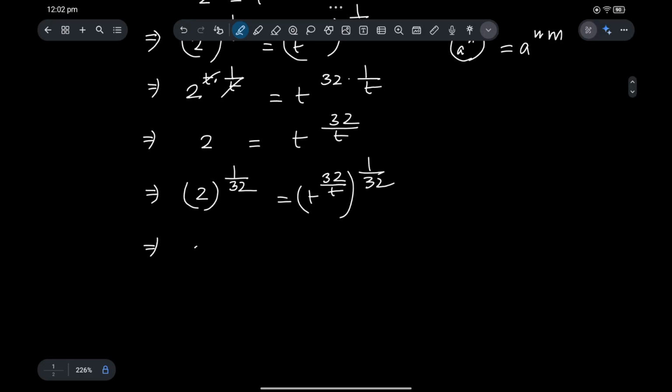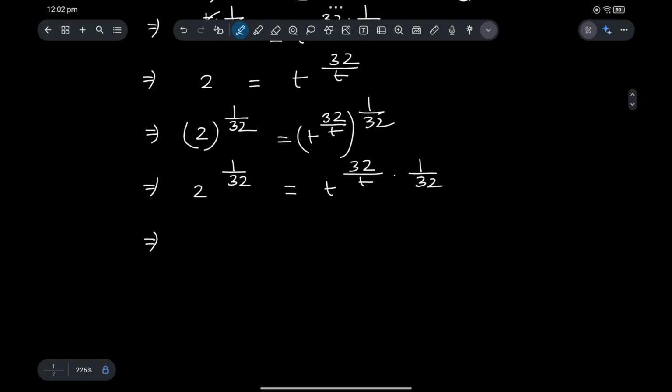Now we can write 2 to the power 1 by 32 is equal to t to the power 32 over t into 1 by 32. That can be written as 2 to the power 1 by 32, and here 32 cancels out, so t to the power 1 by t.